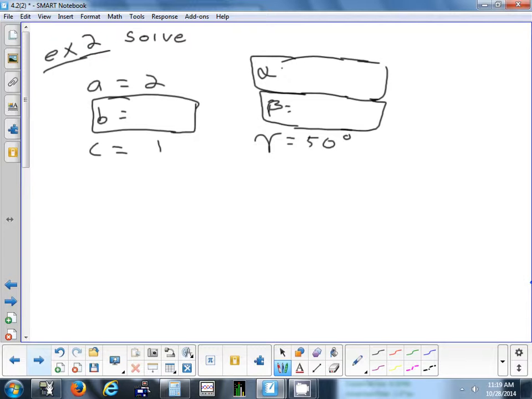So Adam, what do I have to find first here? Beta. Yeah, first. No, not beta, sorry. Alpha, yeah. Because of what they've given, we can't use row 2. Okay, so let's set it up. Sine 50 over 1. In this case, because you're just dividing by 1, you don't even need it. Sine 50 over 1 equals sine alpha over 2.